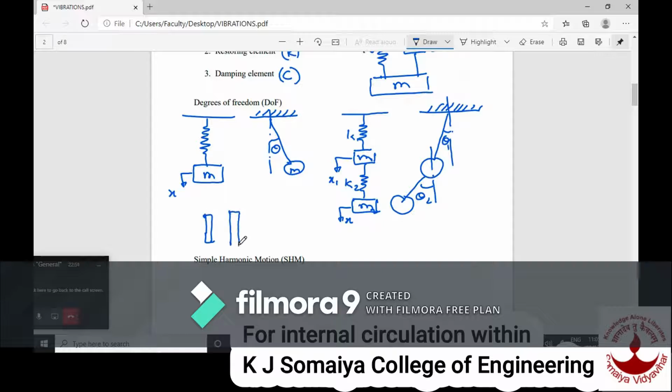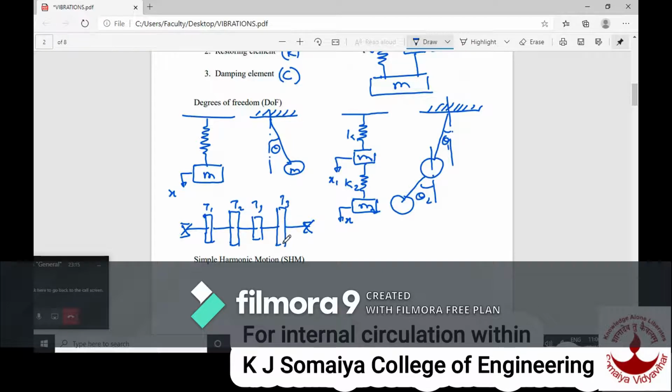Like, assume that there are 4 discs mounted on a shaft which is subjected to a certain amount of rotation. For example, if this is represented like this, the shaft is supported at its ends with bearings, and this will have T1, T2, T3 and T4.